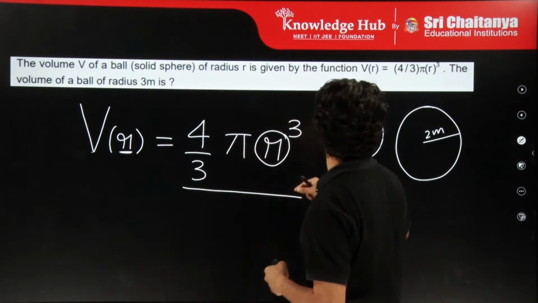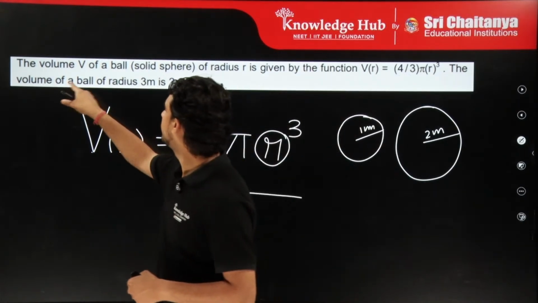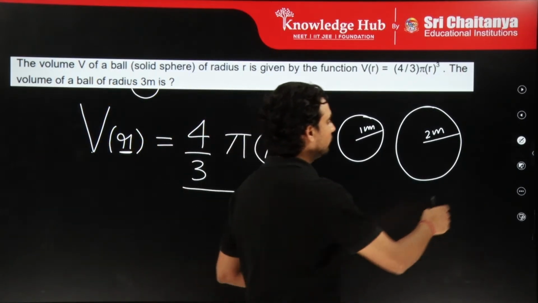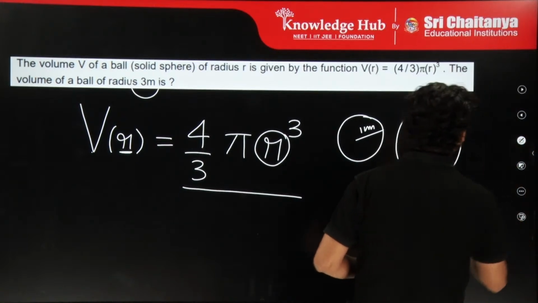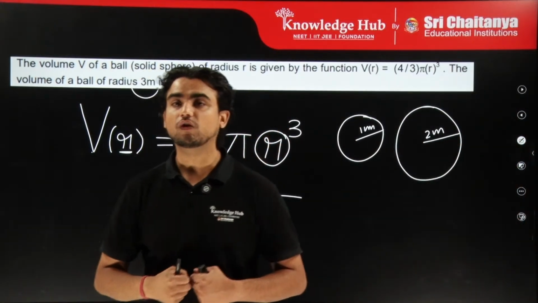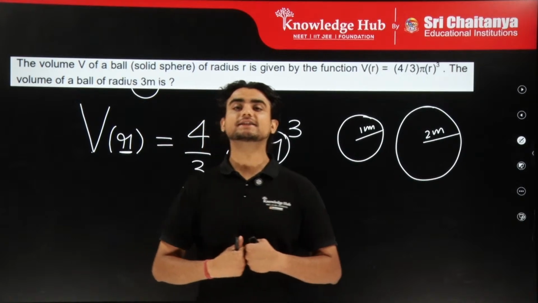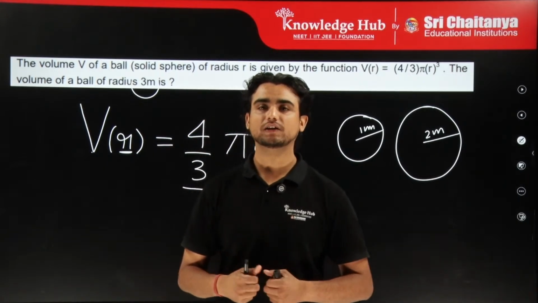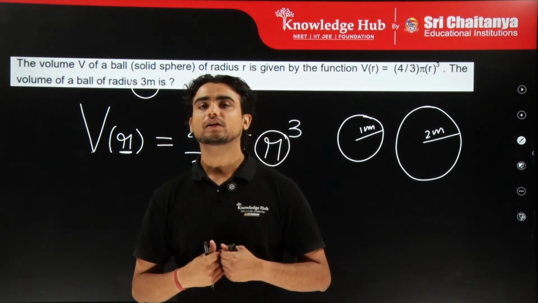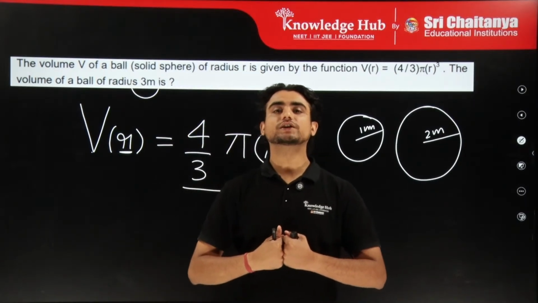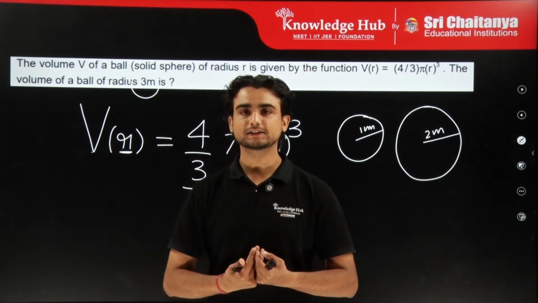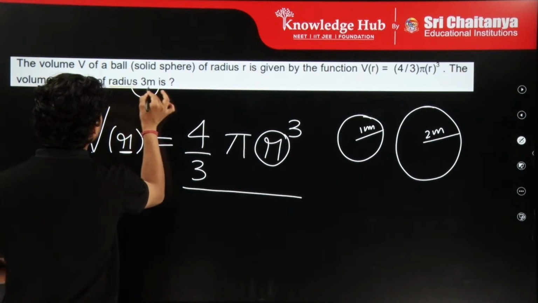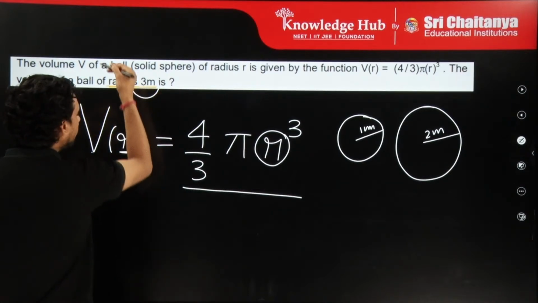So now what he's asking is the volume of a ball of radius 3 meters. He's trying to say what should be the volume when the radius is 3 meters. Okay, so this is a very easy question. You would have done this 100 times, but what I am trying to teach you is what function means. Pay attention that he's saying that at r equals 3, what is the volume?